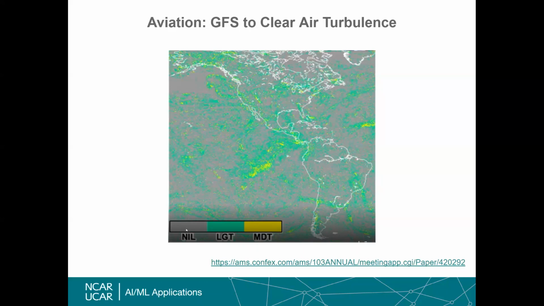There's no turbulence, light turbulence, moderate turbulence. So you can see that the model here is estimating that you've got moderate turbulence over the Pacific here and over Central America. So any flights moving from Western South America up to Central America or Western North America are going to be experiencing that, and flight planners can use that to better plan their flights and try and avoid the sort of clear air turbulence.